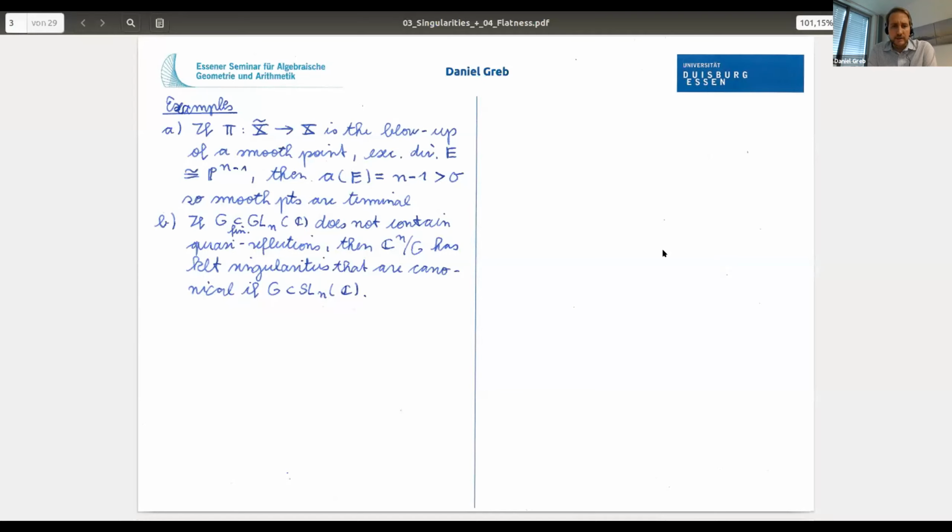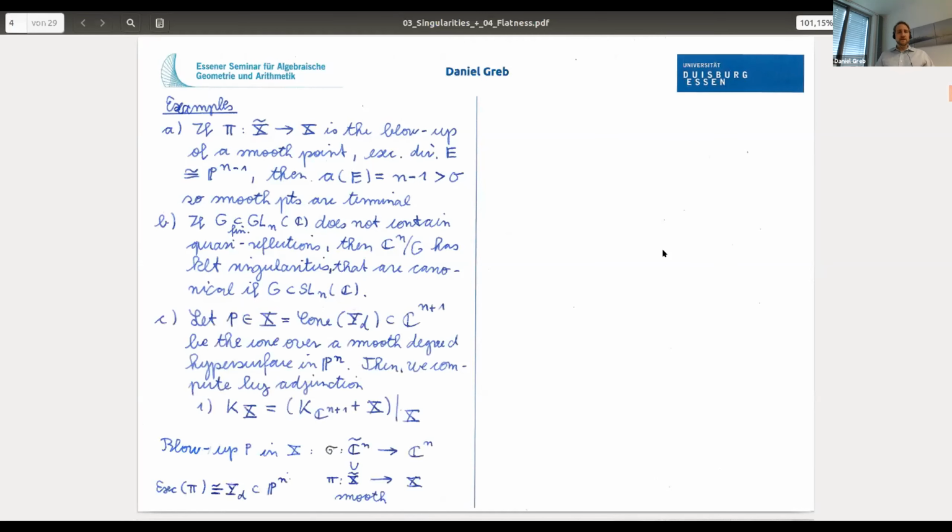Then the quotient has KLT singularities, Kawamata log terminal singularities, and these are actually canonical, so even slightly better, if the group is inside SL_n(C). You can imagine why this is the case. If you're inside SL_n(C), you preserve a volume form, and so downstairs you don't have to take a multiple of the canonical divisor to get it Cartier.